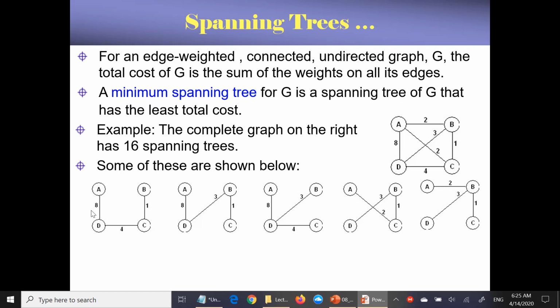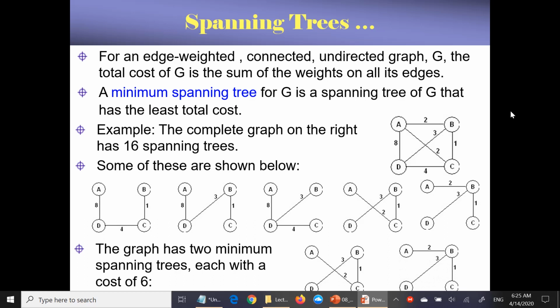For example, the cost of this one is 8 plus 4, which is 12, plus 1, 13. The cost of this one is 8 plus 3, which is 11, plus 1, 12, and so on. So out of all the 16 spanning trees for this graph, which are the minimum?